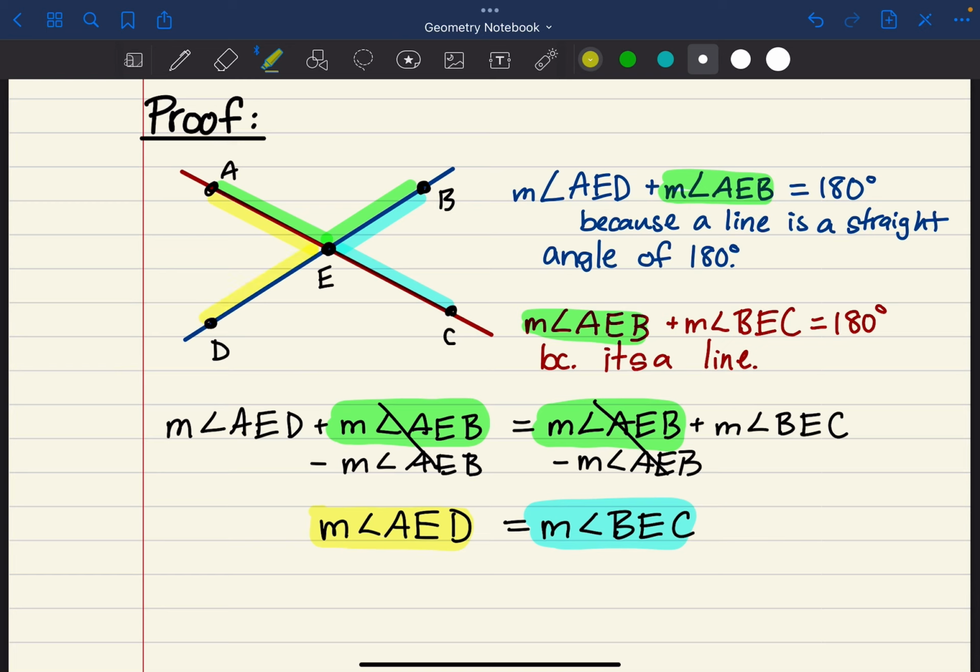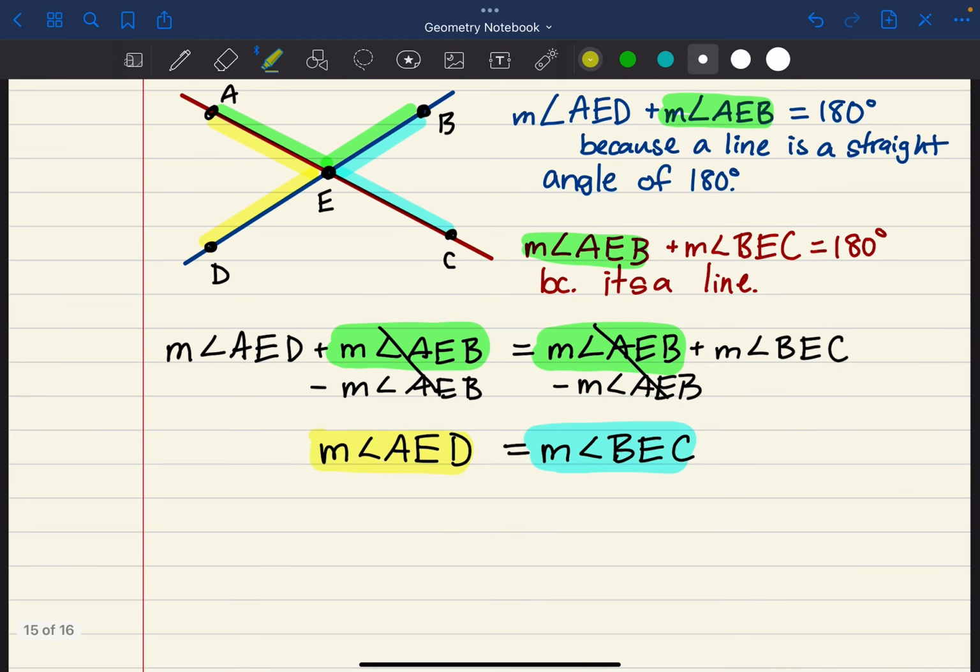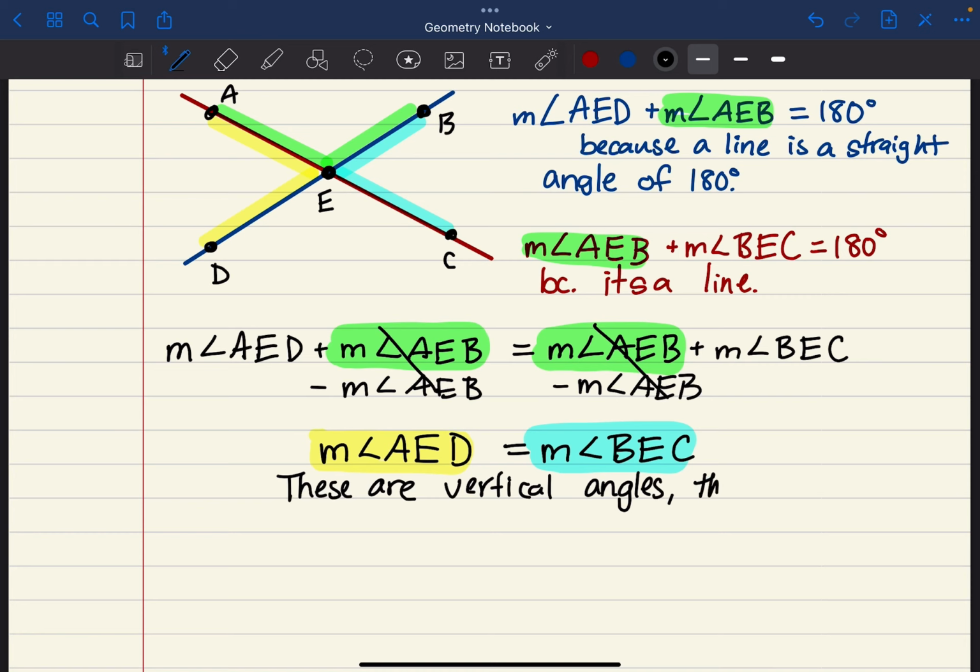I like color coding things because then it helps me see them in my notes if I'm looking at them again later. These are vertical angles. Therefore, vertical angles must be congruent.